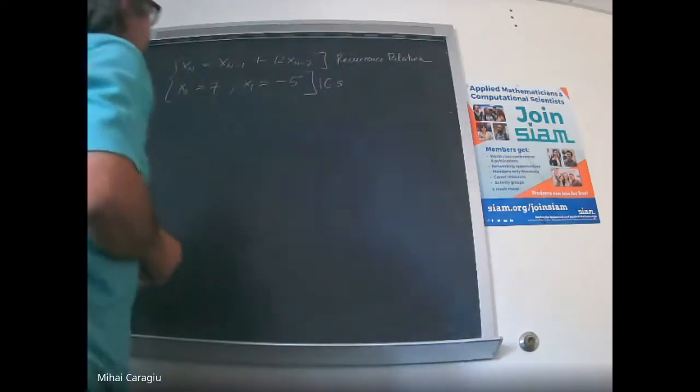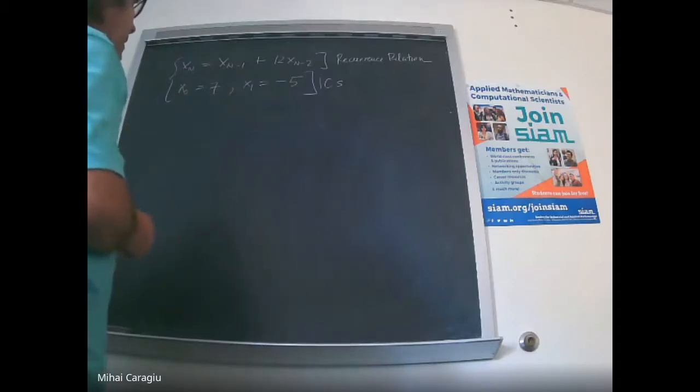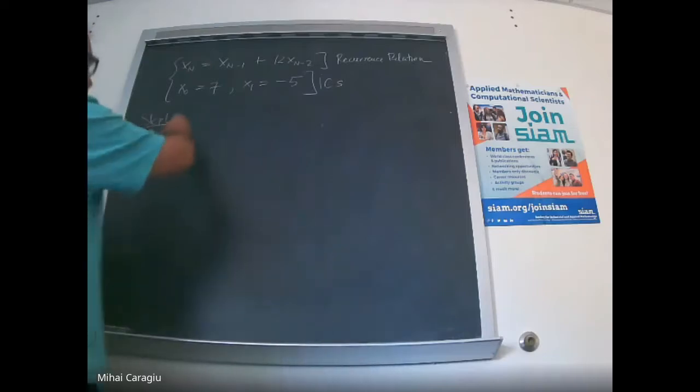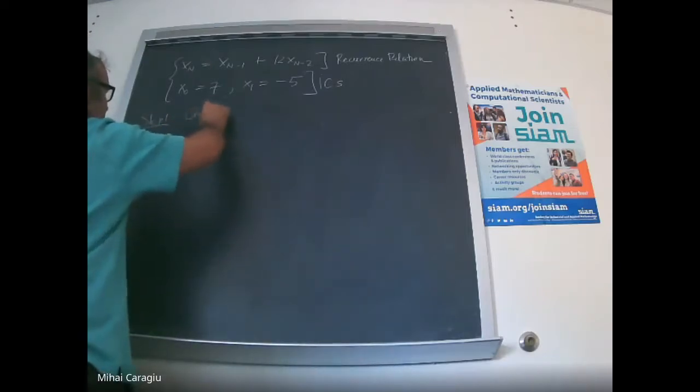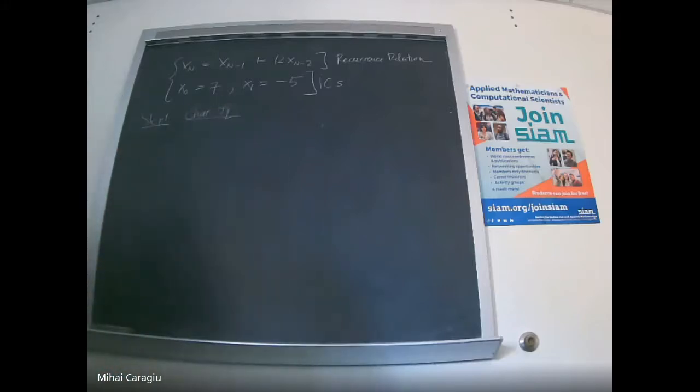Okay. Our task is to provide an explicit formula for the sequence. Okay, so step 1. Let's write down the characteristic equation. First of all, it's important to know when you write down the characteristic equation what's the order of the recurrence.